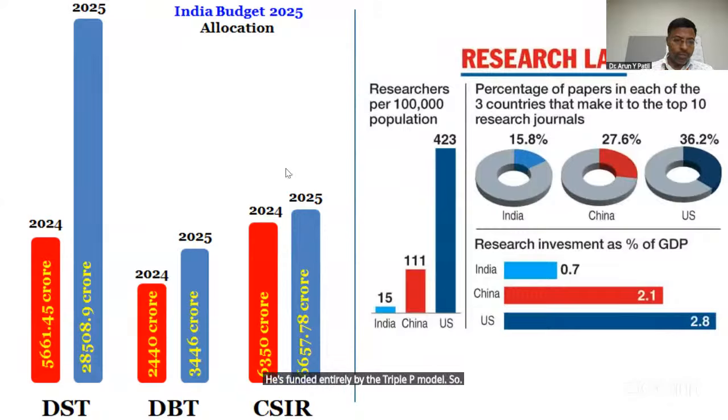On a similar note, if you see DST, there is a huge surge from 5,600 to 28,000, almost 6 times. They have enhanced the funding in 2025 itself. When you compare DBT, again there is a surge by almost 10 to 12 times.